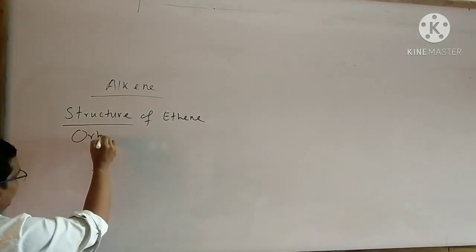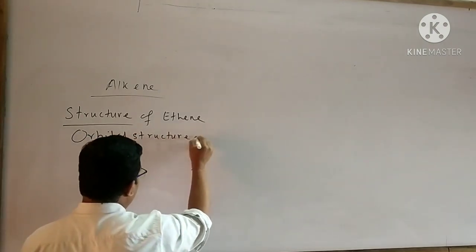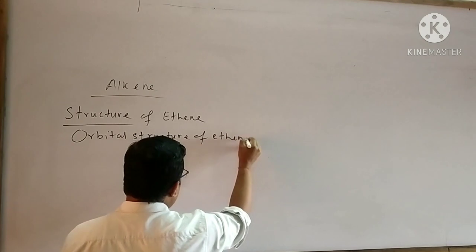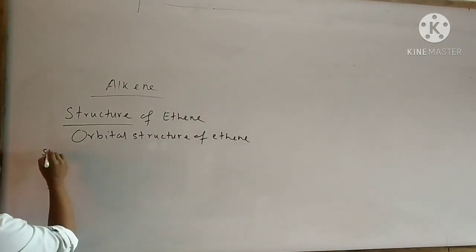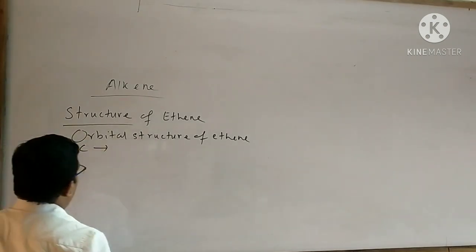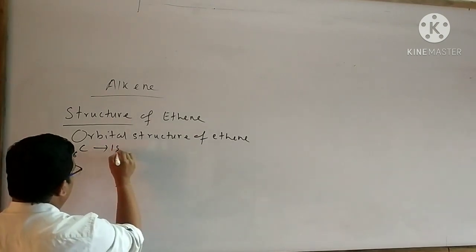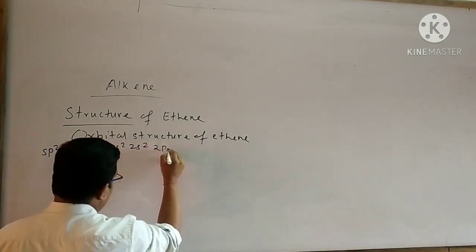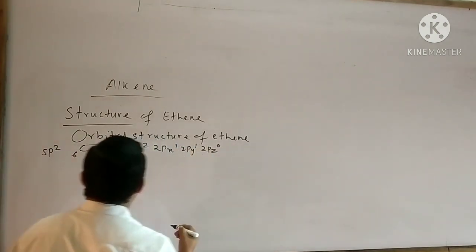Next I will explain the orbital structure of ethene. In ethene, the carbon undergoes sp2 hybridization. The atomic number of carbon is 6. The electron configuration is 1s2, 2s2, 2px1, 2py1, 2pz0.